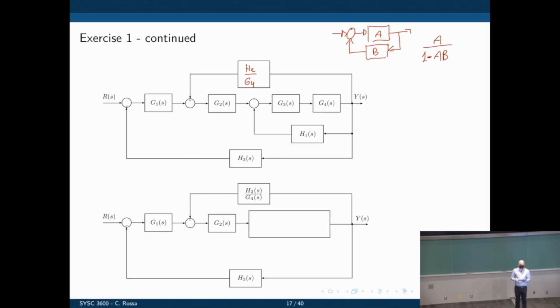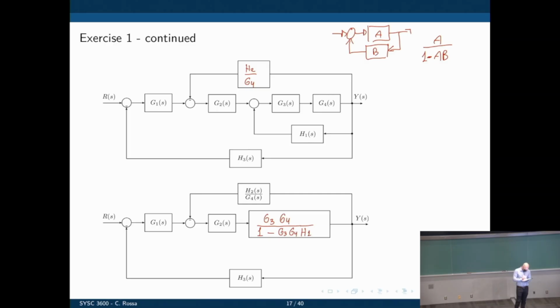So the result there is G3 G4 divided by 1 minus G3 G4 H1.